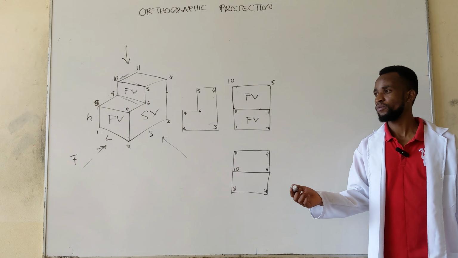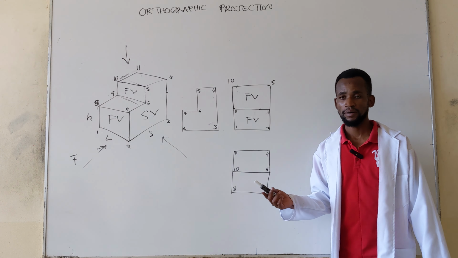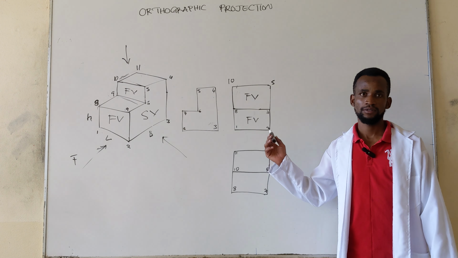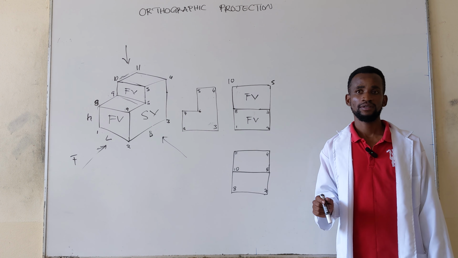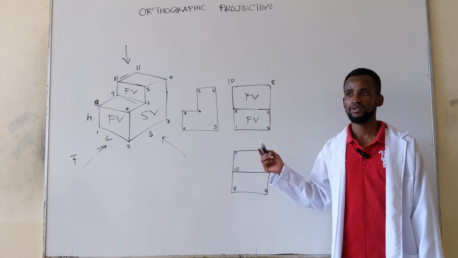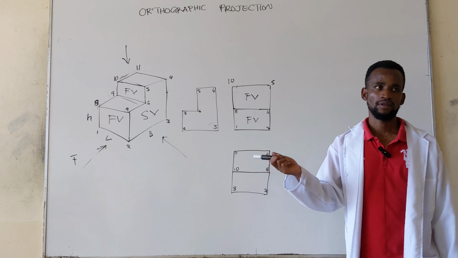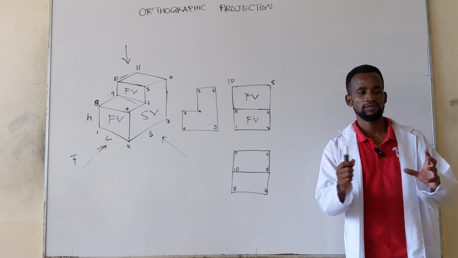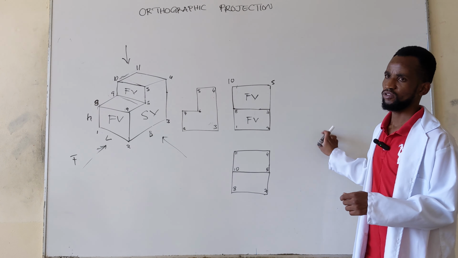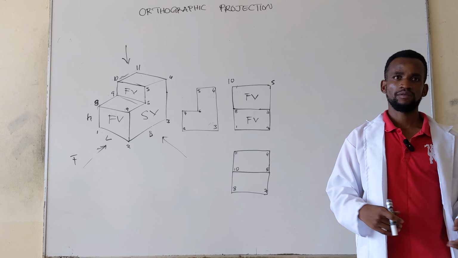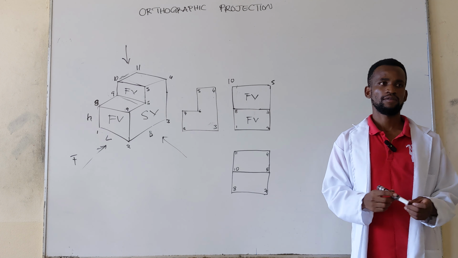Here, what I'm doing is just explaining the concept. We haven't started drawing yet. There are certain things that we consider when drawing. Here, it's just the concept that you have to understand, so that when you see something, at least you have an idea. You can even have a sketch first of all. Say, okay, the front is going to be like this, and then you start getting the measurements like that. So these are just concepts that we have here.